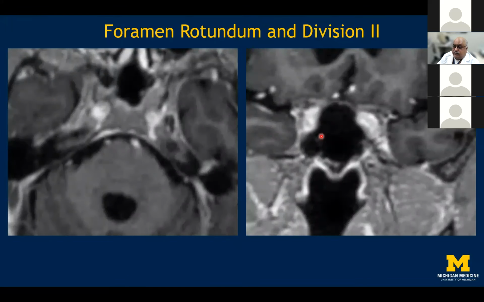This again is an example of enhancement seen in the region of the foramen rotundum, appearing as a channel showing the non-enhancing portion of the nerve within the foramen here.